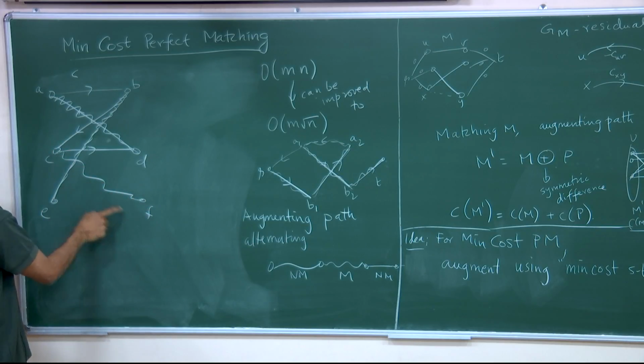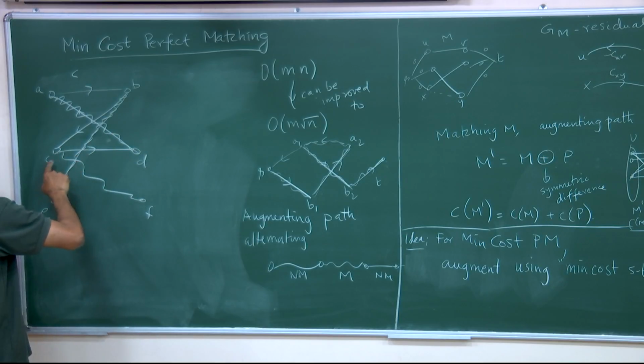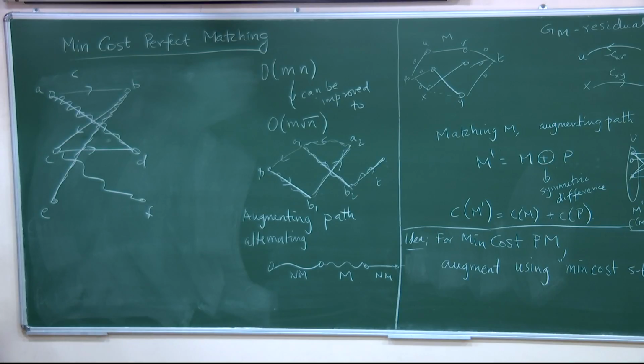So it matches CF, A, B. What would be the degree of a vertex in M prime?